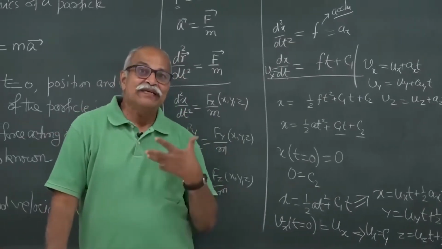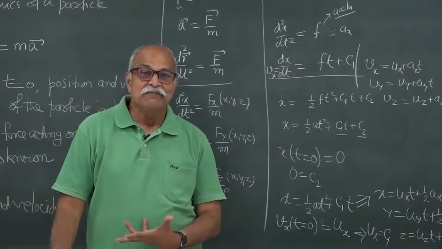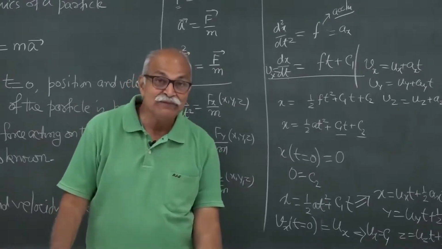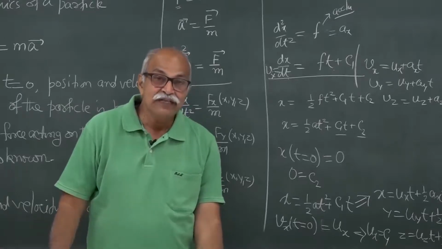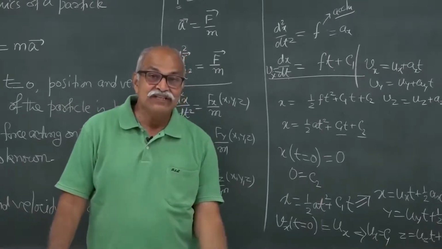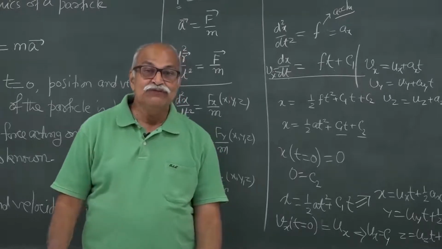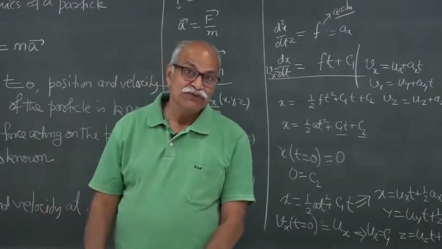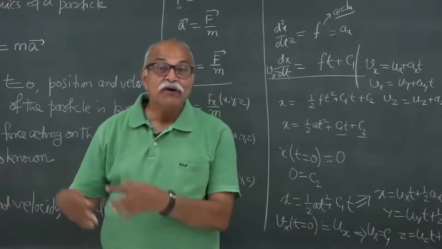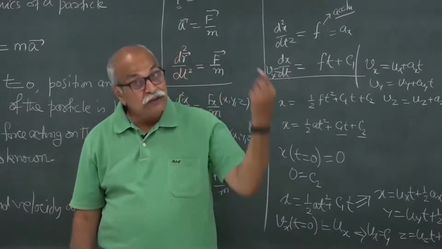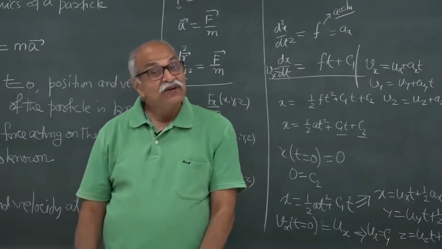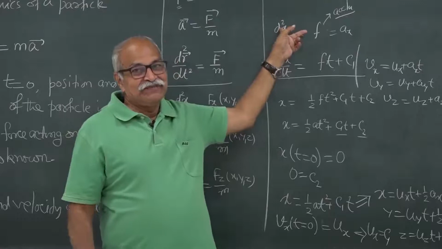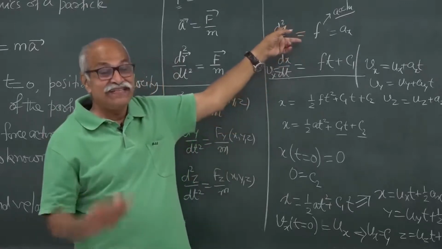But we will be talking more about some parameters which are associated, like linear momentum, angular momentum, energy, which will be useful for our system of particles, which will be useful for rigid bodies, and which will also be useful in many cases for a single particle. So, let me talk about those physical quantities.